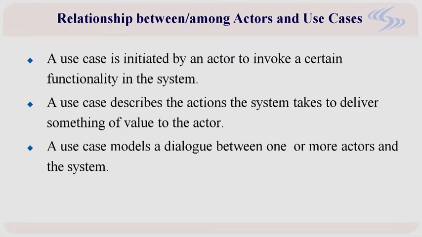Well, next, the relationship between or among actors and use cases. A use case is initialized by an actor to invoke a certain functionality in the system. And a use case describes the action the system takes to deliver something of value to the actor. A use case models a dialogue between one or more actors and the system.